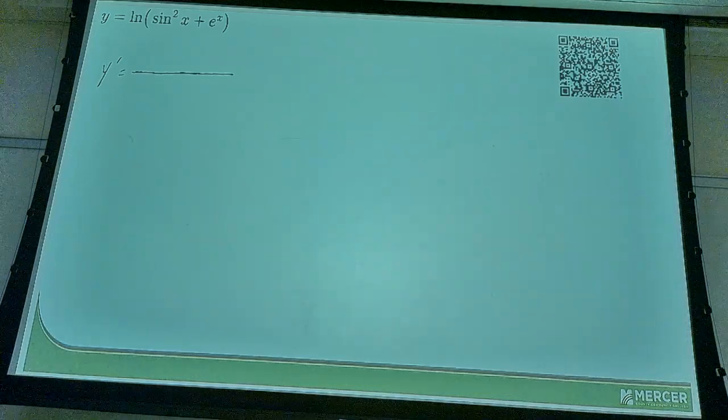What's the sum rule? Derivative of the sum is the sum of the derivatives. Right. What's the first term? Sine squared. What kind of function is that? Power function, what does the power rule say?